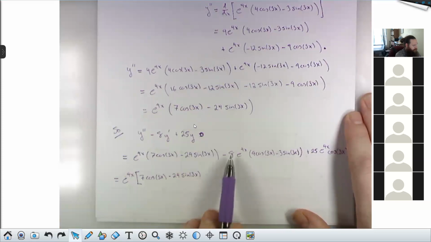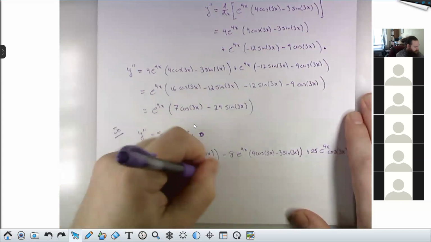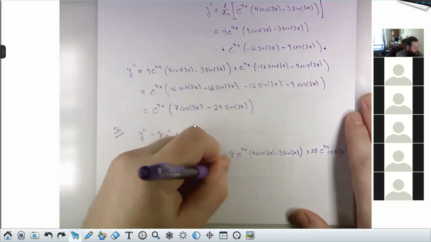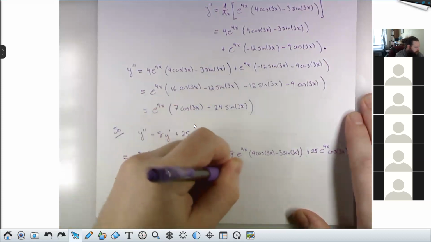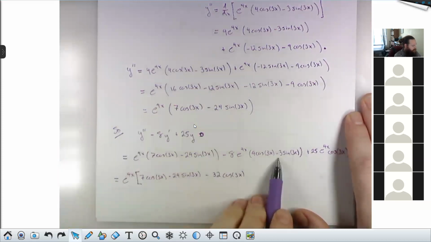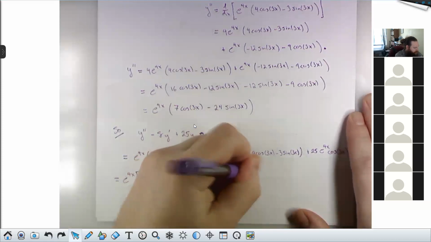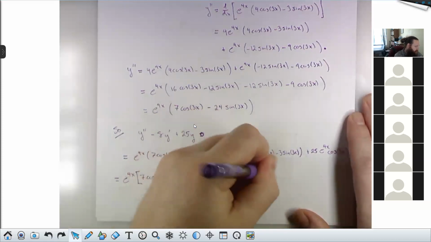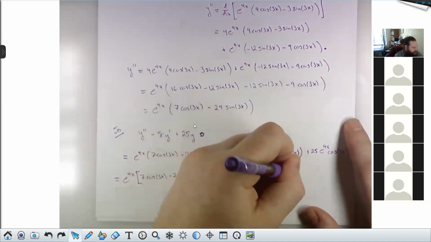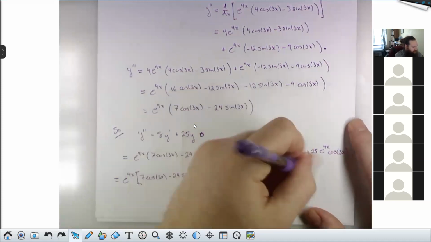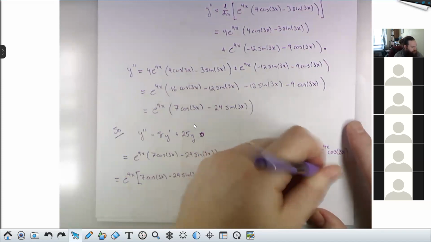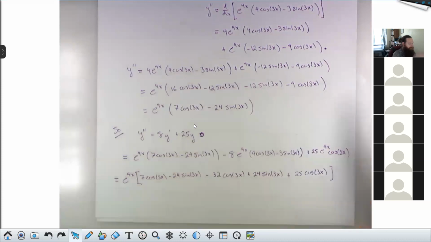And then here I'd have 8 times 4, so it's minus 32 cos 3x, and then minus 8 times minus 3 is plus 24 sine of 3x. And then from this last piece, we'll have plus 25 cos 3x. That's what we get when we factor out the exponential term.